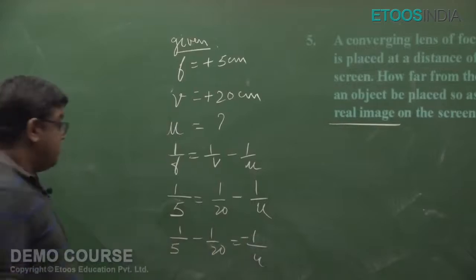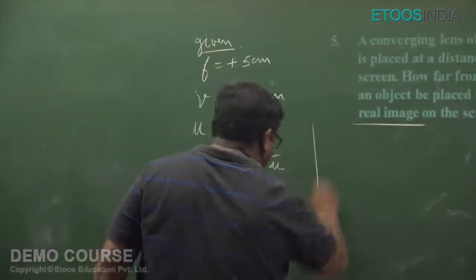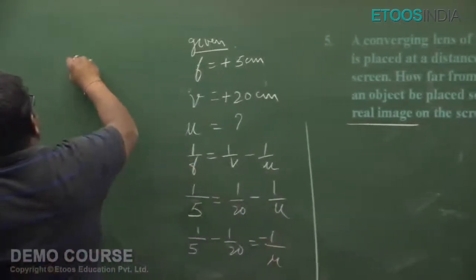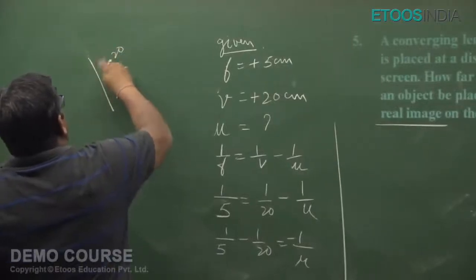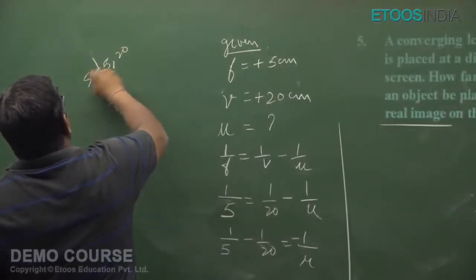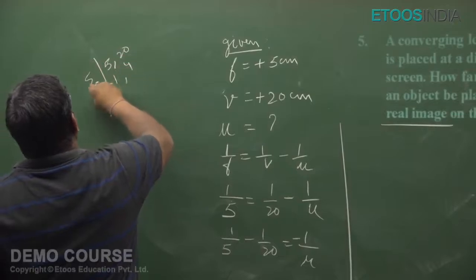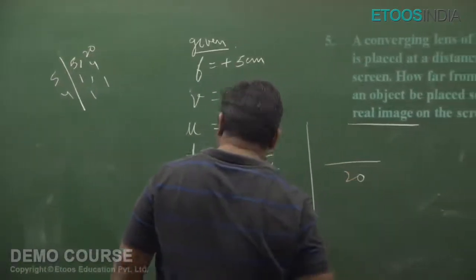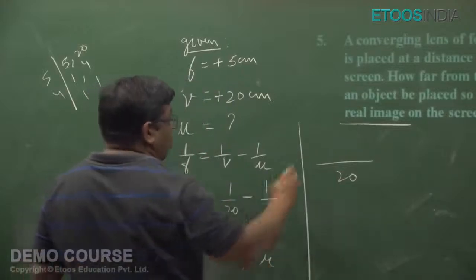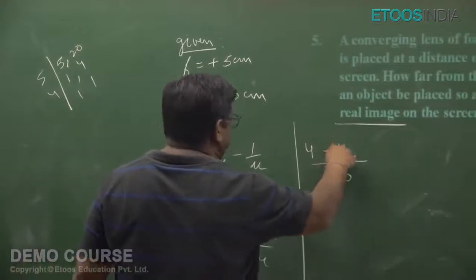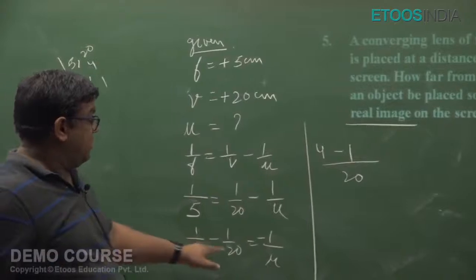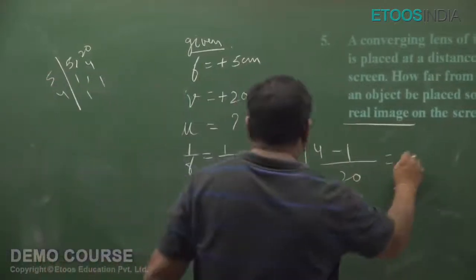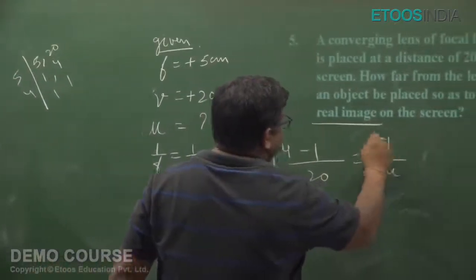Is it clear? So, I'll put the values now. As I always say, we must always use the LCM method to solve the questions. So, the answer is 20. So, 4 minus 1 is equal to 1 upon u with minus sign.